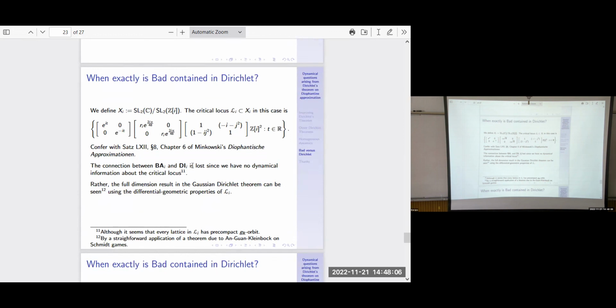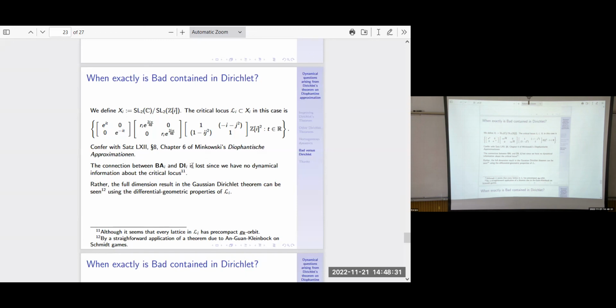And again, Minkowski solved this. He says in the same book, because he gives a linear forms theorem for Gaussian integers as well. And this is what the critical locus looks like. Work in progress.